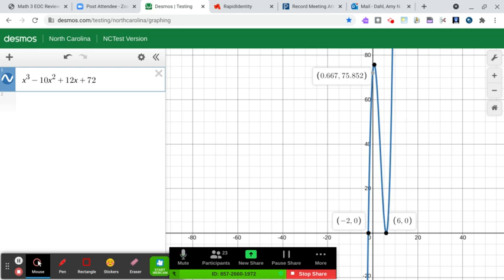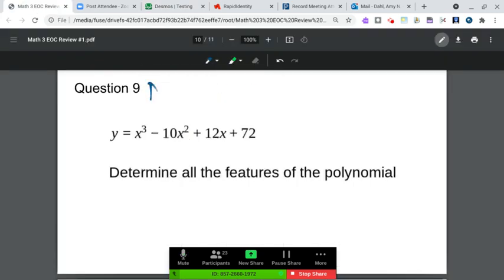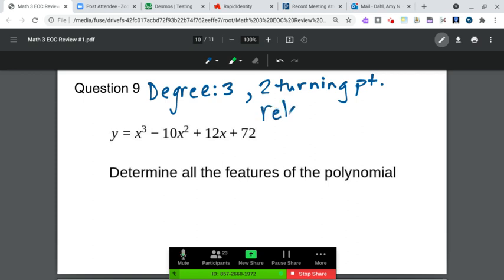So let's kind of write some of that stuff right now. Okay, so it's a degree 3. It has 2 turning points. Its relative or local maximum is at 0.667, 75.9, I think it was.